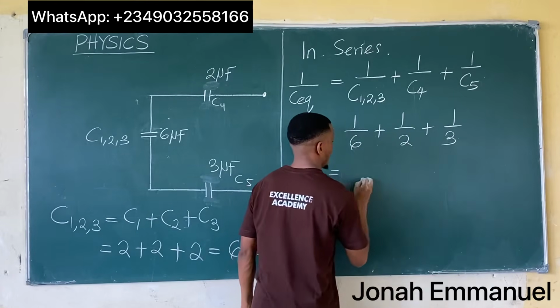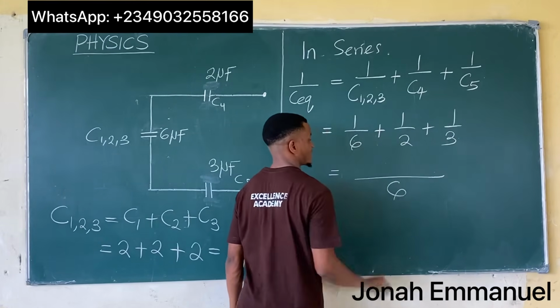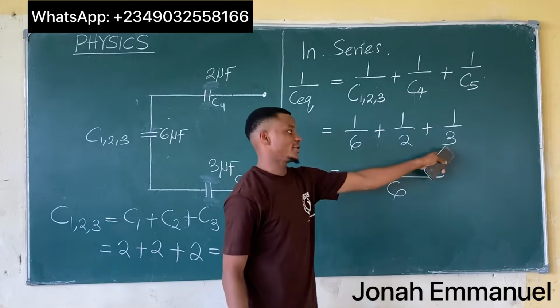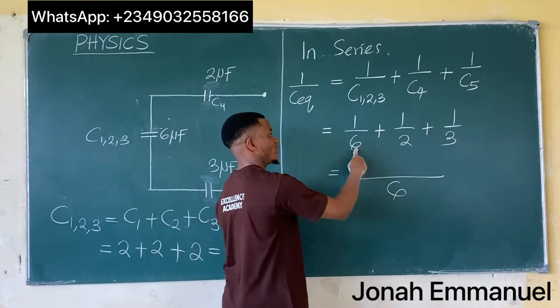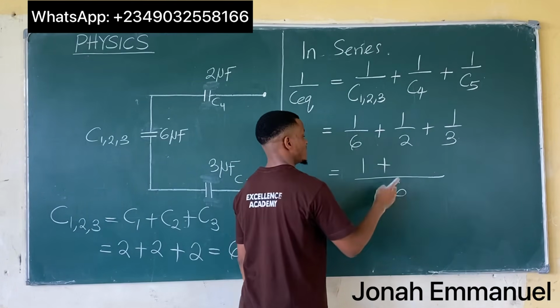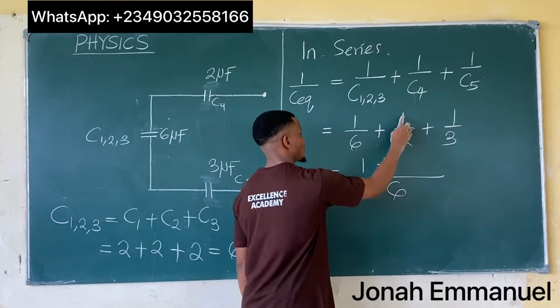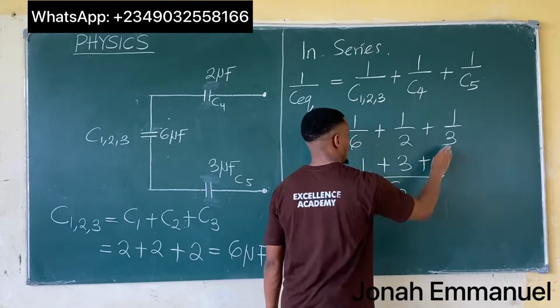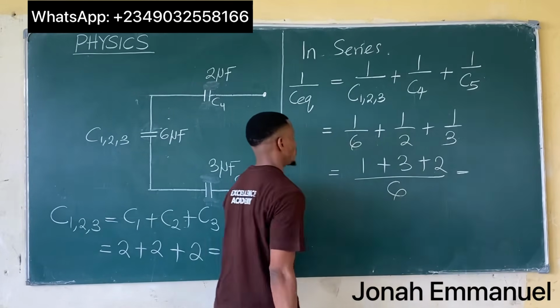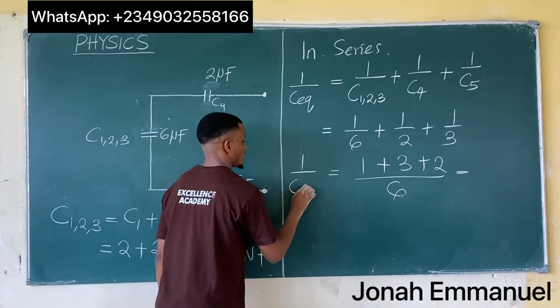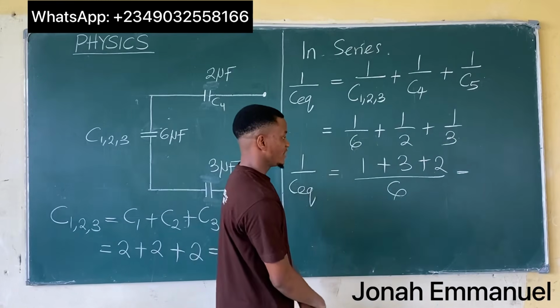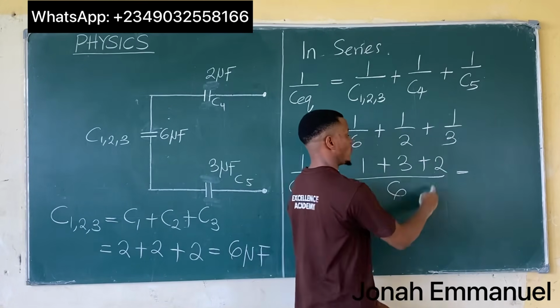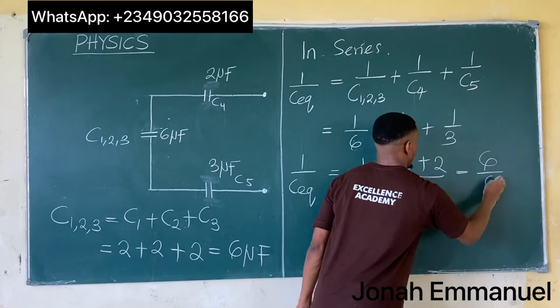Alright, from here, obviously the LCM is 6. LCM of 6, 2, 3 is 6. 6 over 6 is 1 times 1, 1, plus 6 over 2 is 3 times 1, 3, plus 6 over 3 is 2 times 1, 2. So I have 1 over the equivalent capacitance is equal to 1 plus 3, 4, plus 2, 6 over 6.